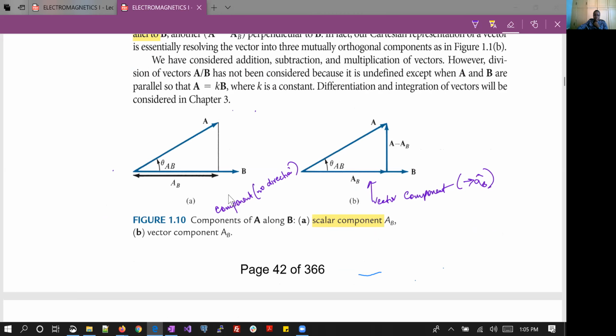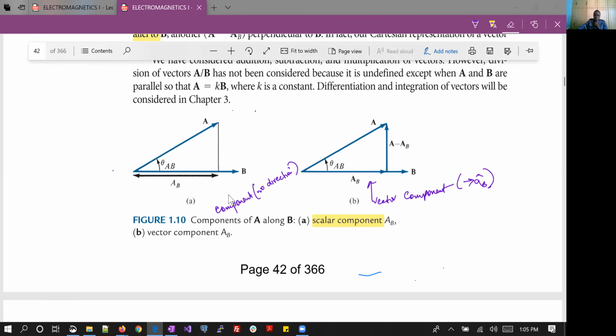This AB is simply a portion of A along B, and it is simply going to be given by the magnitude of A cos theta AB.